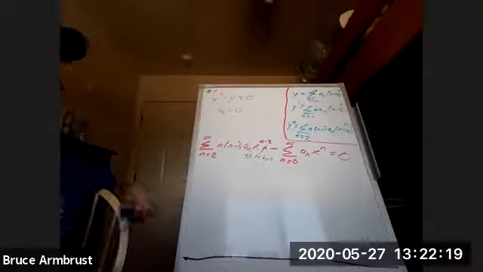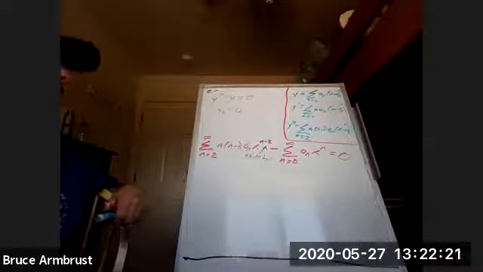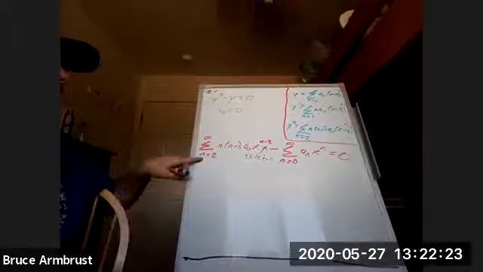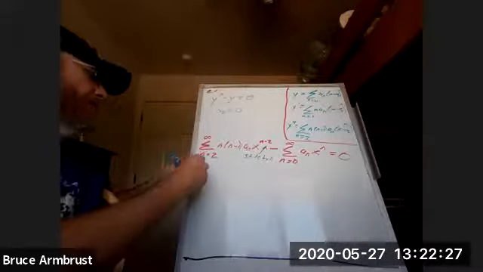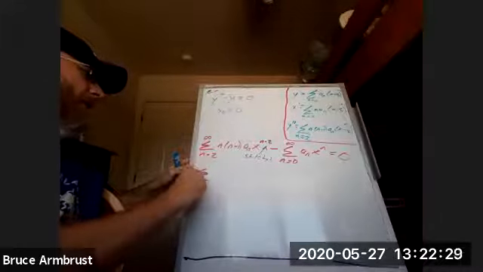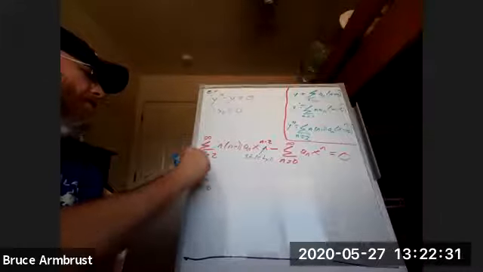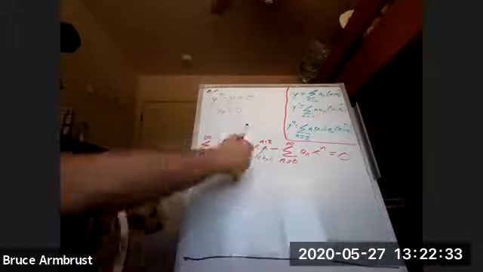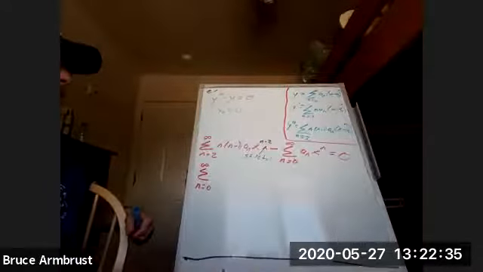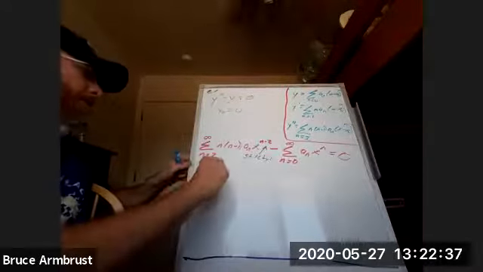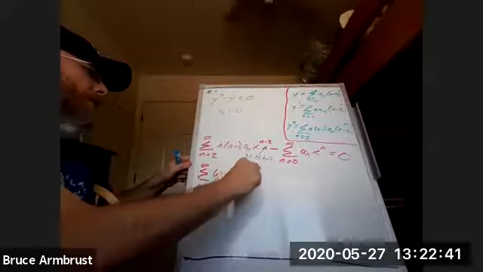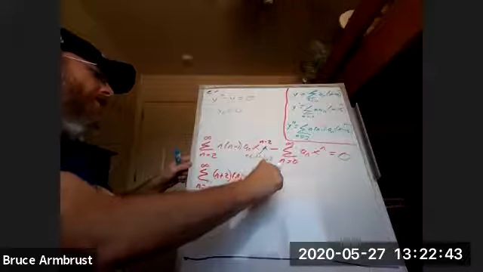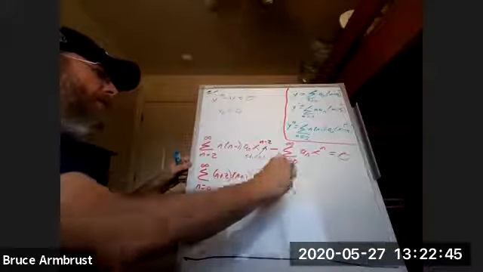The way I'm going to shift it by 2 is I'm going to decrease my index by 2, so we'll start counting at n equals 0. And then I just add 2 to the rest, so I'm going to put in n plus 2. So it'll be (n plus 2) times (n plus 1) times a sub n plus 2 times x to the n.